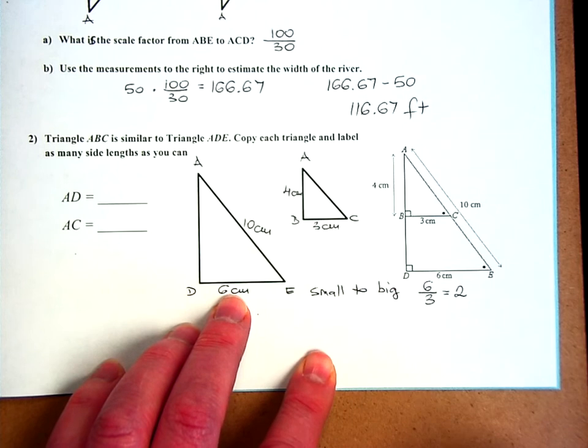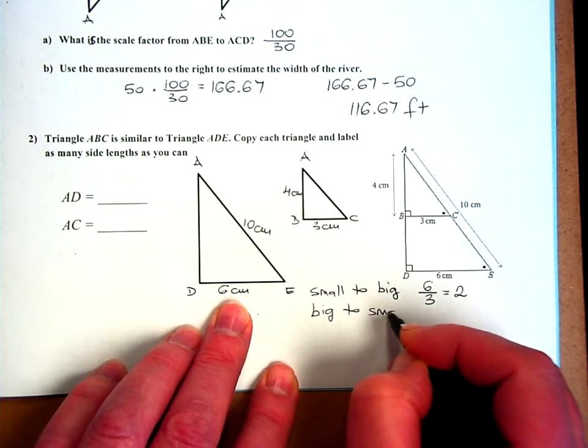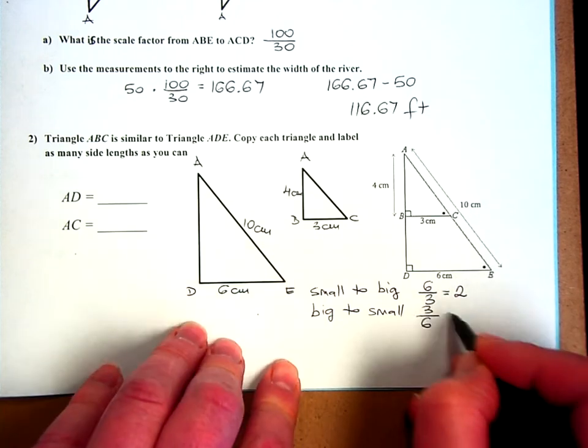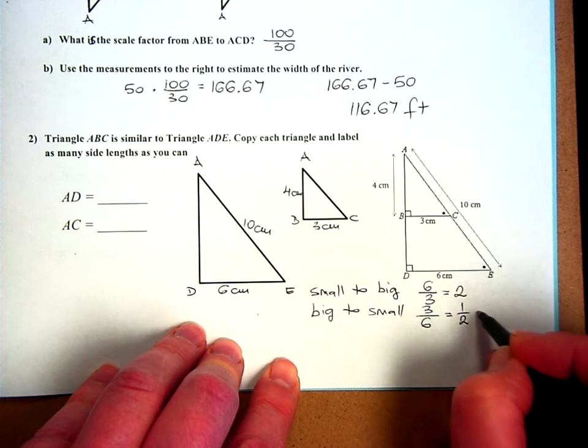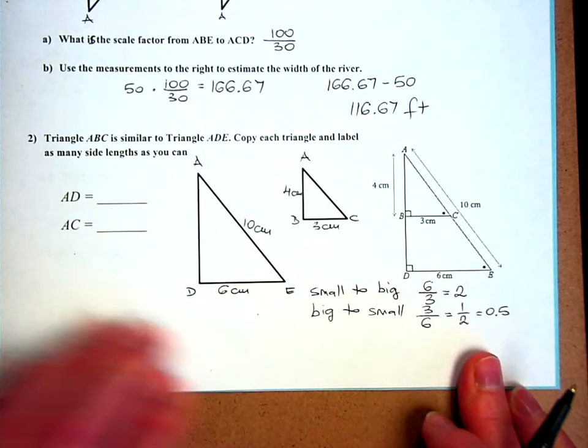That would give me a 2. And then from big to small, I need to go vice versa. Put the shorter one on the top, bigger one on the bottom, and we have 1/2 or 0.5, because it's a terminating decimal.